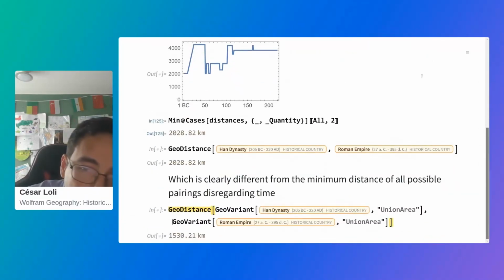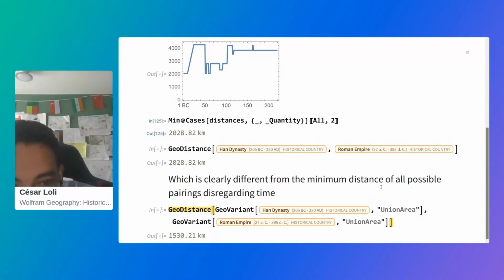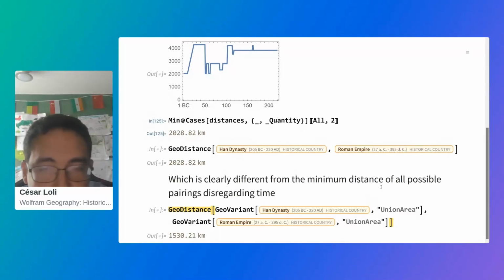I am doing here using the geovariant union area that, as I said before, represents all the possible territories covered by a single entity, and we can see that the distance is much lower. As here is the minimum distance between 2 points that have belonged to any of these entities at any point in time. It doesn't have to be simultaneous.